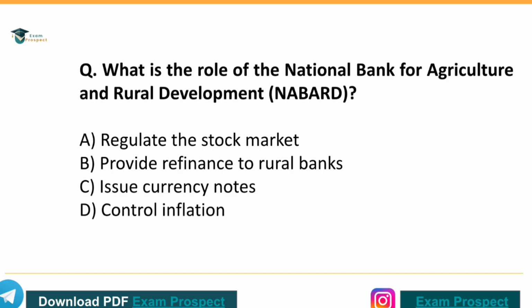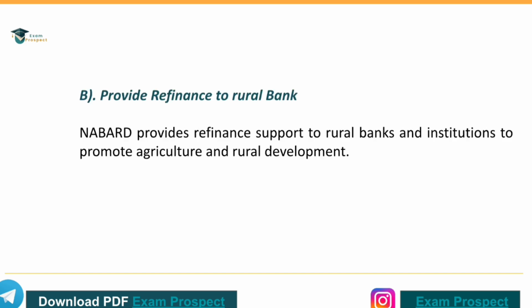Next question, what is the role of the National Bank for Agriculture and Rural Development, NABARD? And the correct answer is option B, provide refinance to rural banks. Here, NABARD provides refinance support to rural banks and institutions to promote agriculture and rural development.